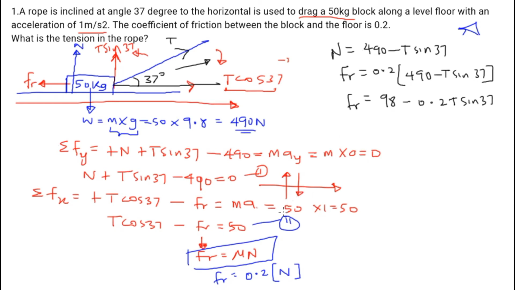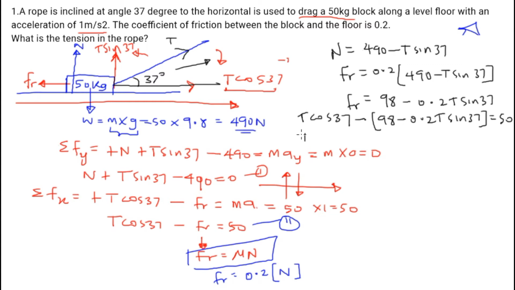So I can substitute Fr into equation 2. If I substitute Fr into equation 2, then I'll have T cos 37 degrees minus Fr, where Fr is now 98 minus 0.2 T sine 37 degrees, which is equal to 50.